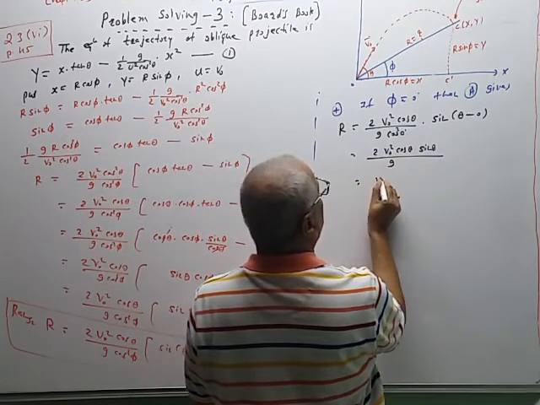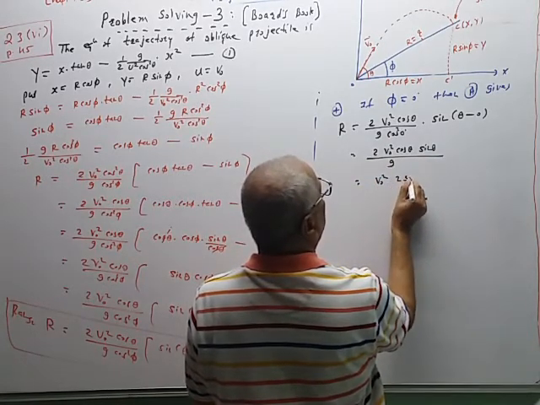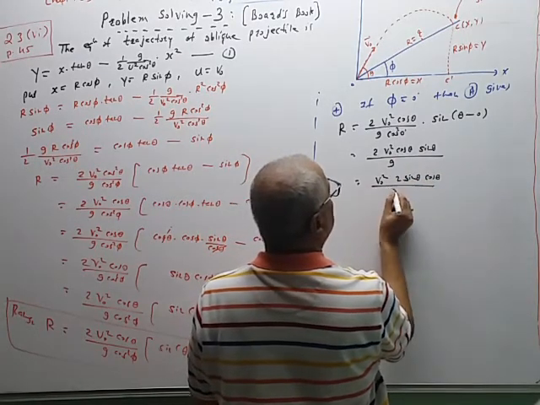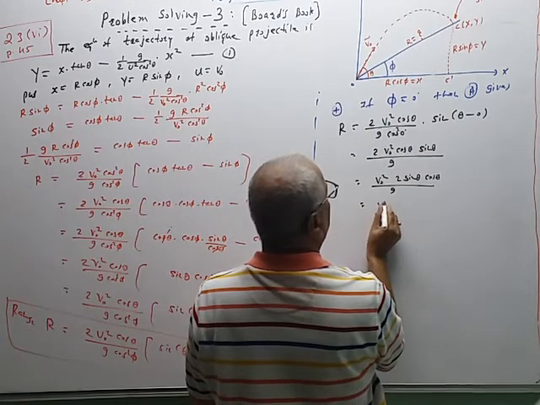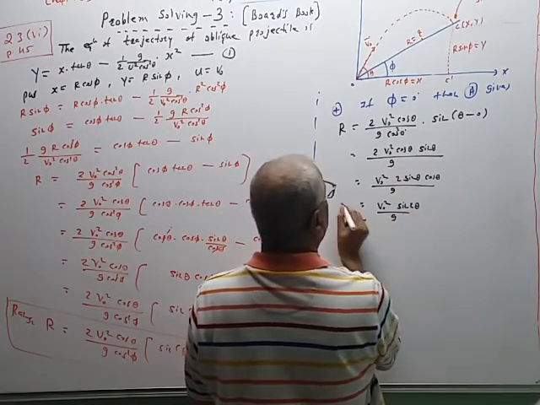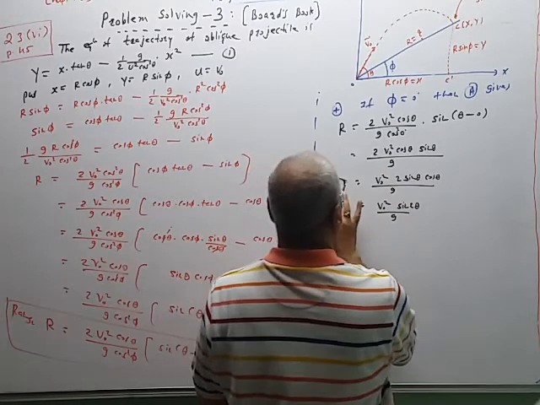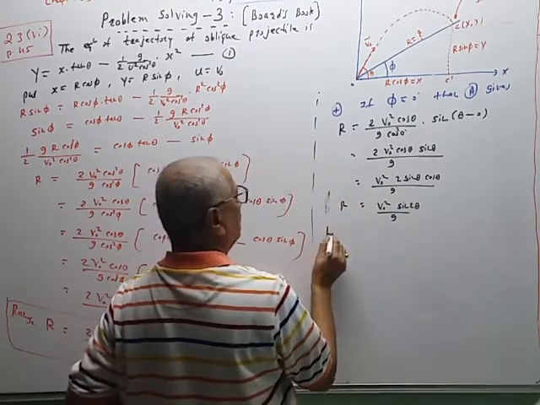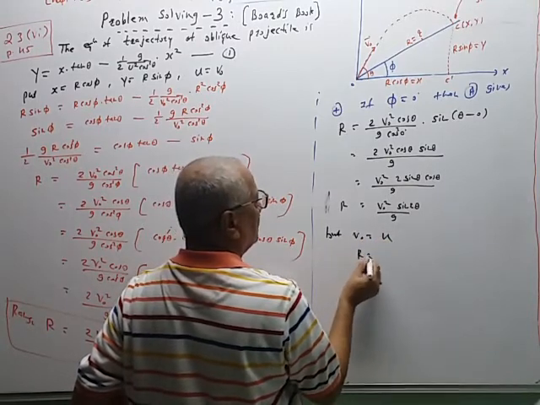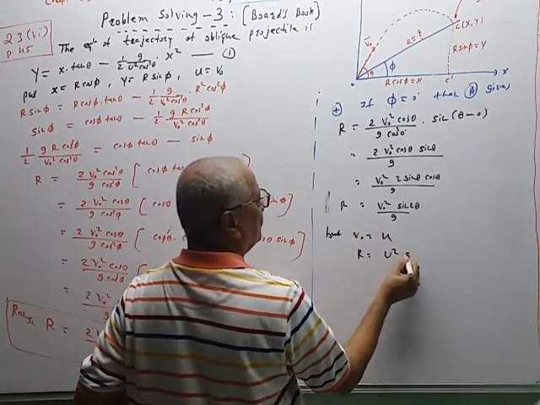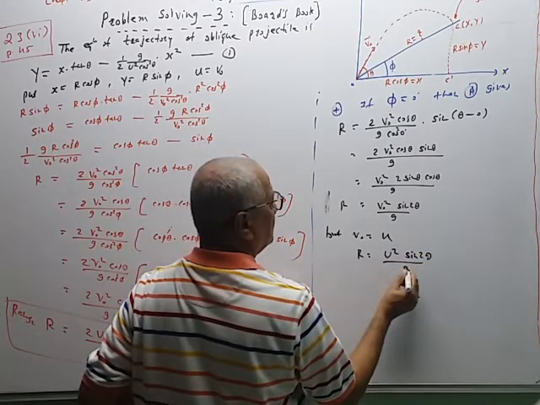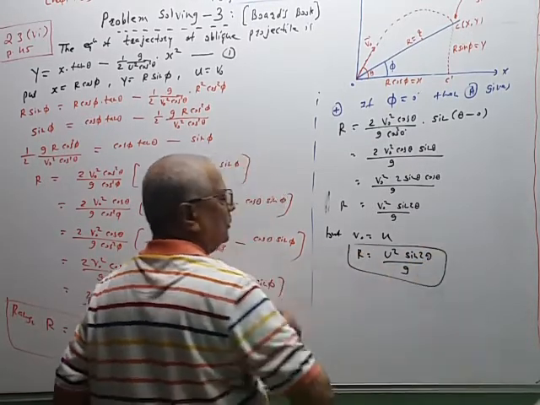So this is equal to v0 square into 2 times sin theta cos theta upon g, and this is equal to v0 square sin of 2 theta upon g. So this is the usual formula, but this v0 is equal to initial velocity u, and therefore R is equal to u square sin of 2 theta by g.